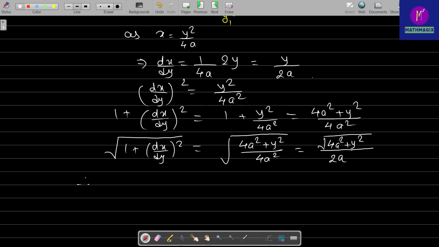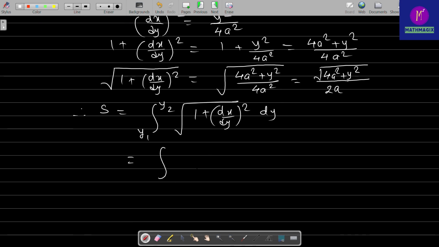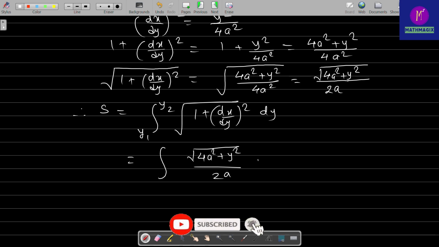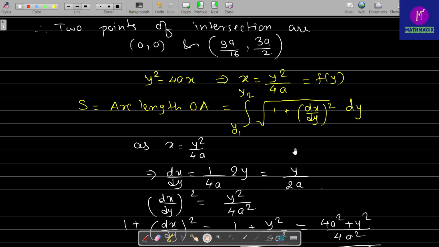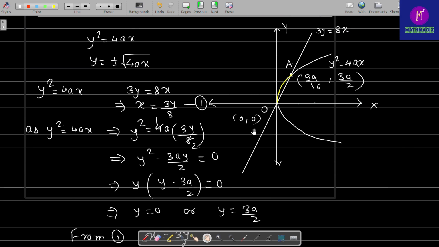Therefore S is equal to the integration from y1 to y2 of the square root of 1 plus (dx by dy) the whole square dy, which is the integration of the square root of 4a square plus y square upon 2a dy, and here we need to write down the limits of y. Let us see what the limits of y are from the diagram. The limits of y are 0 to 3a by 2.